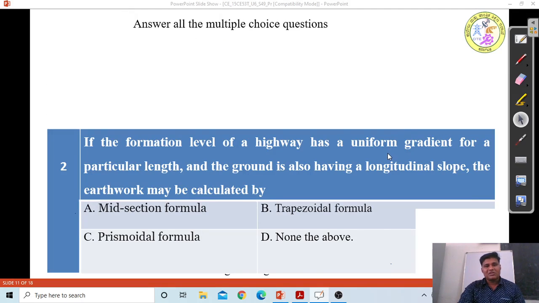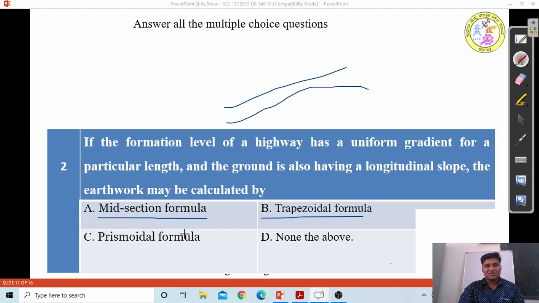If the formation level of highway has a uniform gradient for a particular length, and the ground is also having a longitudinal slope, then what is the method for finding the earthwork? Mid-section formula, trapezoidal formula, prismoidal formula, or none of the above.